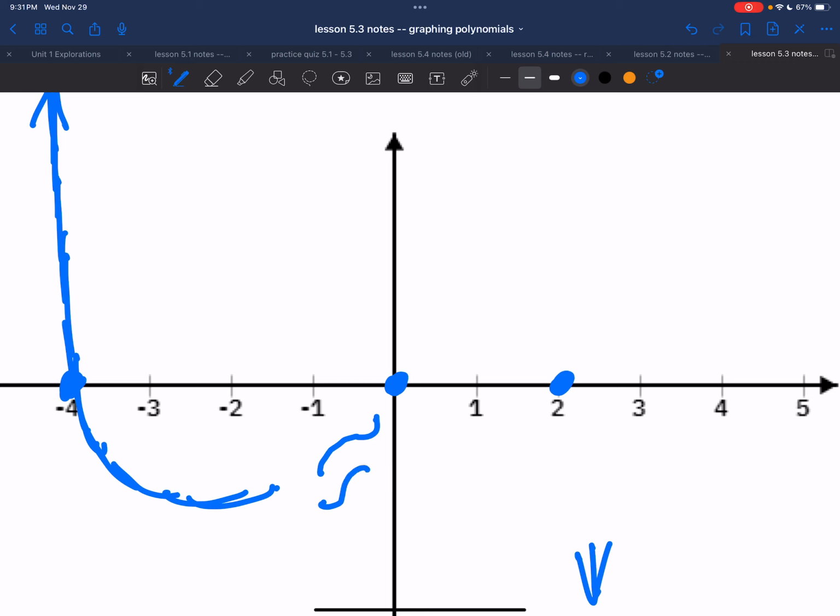Which one is it going to do? Is it going to come up and through? Or is it going to come up and through? It's probably the first one. Yeah. So it's probably going to come up and through this, like so. Yeah?